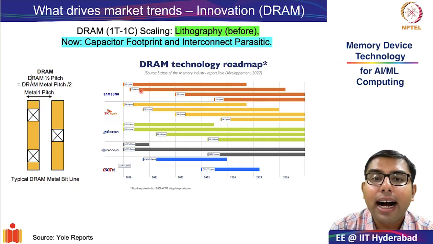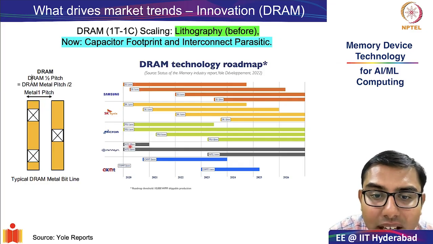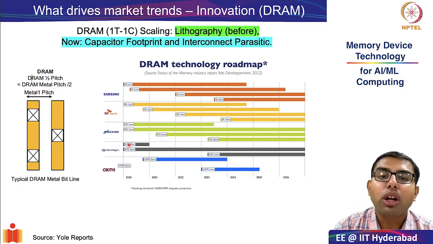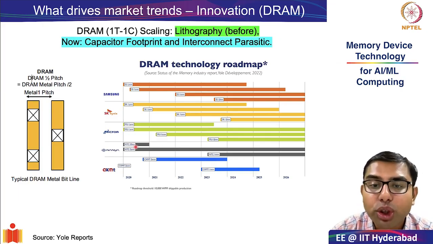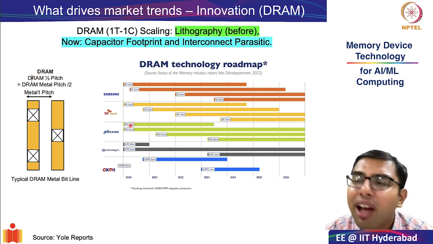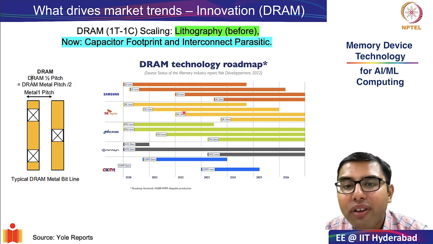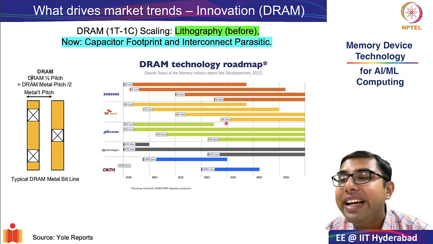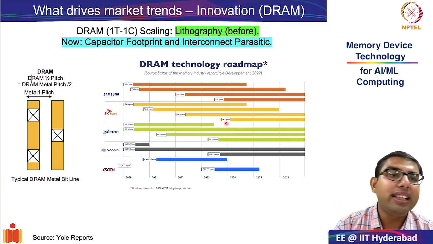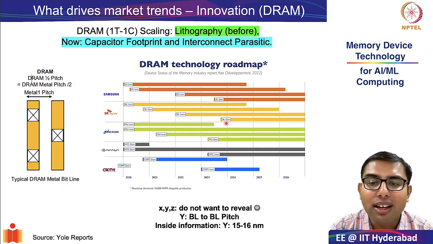If you see how these DRAM cells were scaled, initially you will see Nanya's technology was going from 30 nanometers, but currently if you look at the technology indicators, you see a lot of numbers like 1Y, 1Z, 1 alpha, 1 beta. What are these values of X, Y, alpha, beta?